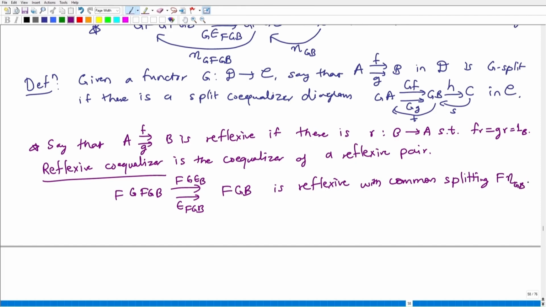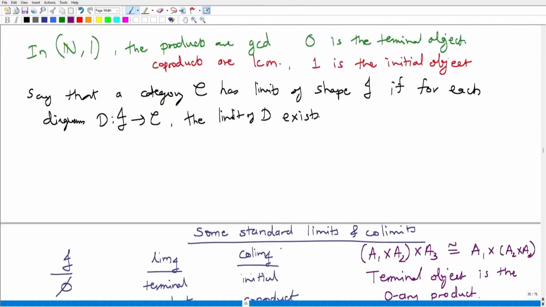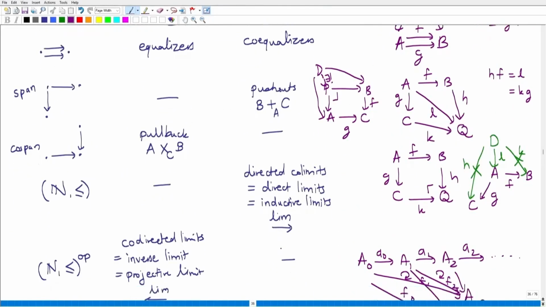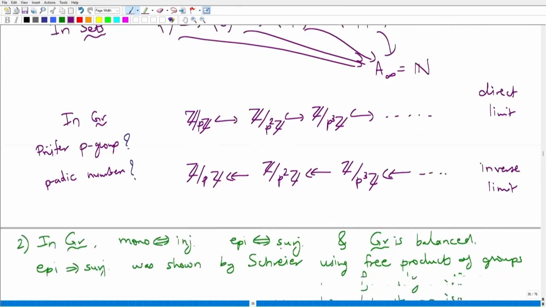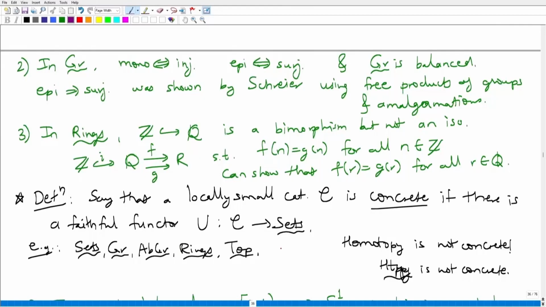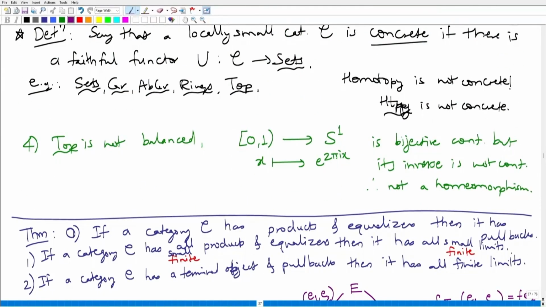In fact, we used this a long time ago, let me try to figure out where that was. We proved a result which said that all limits can be constructed using products and binary equalizers.